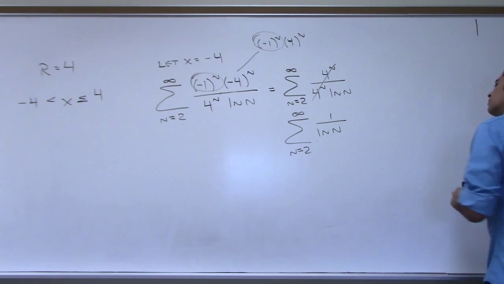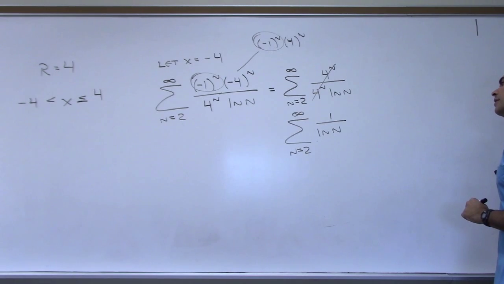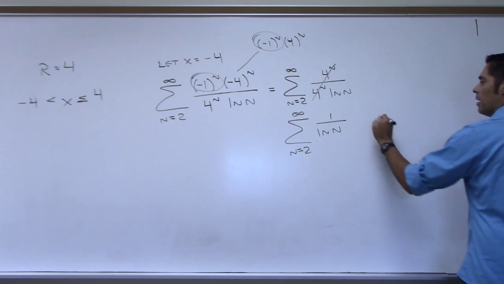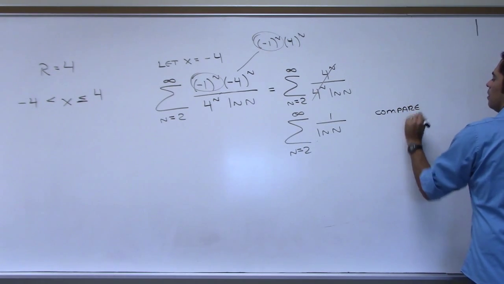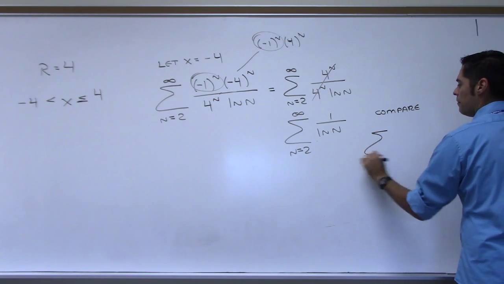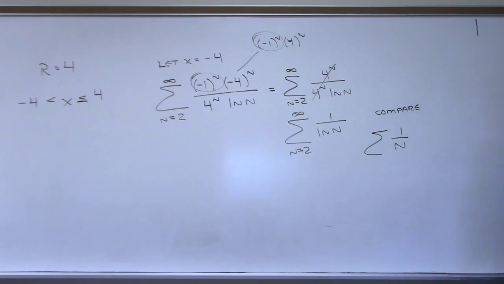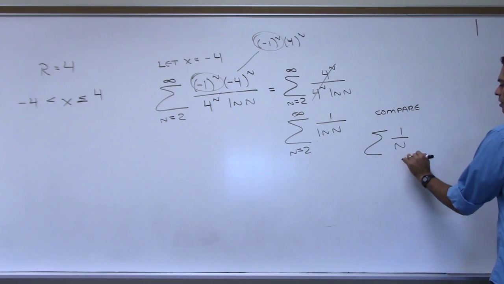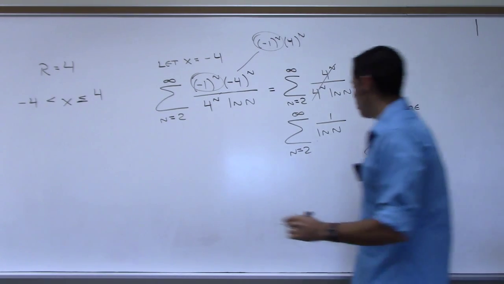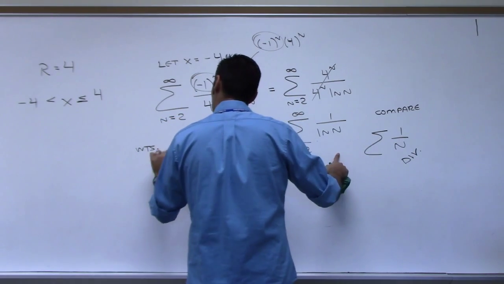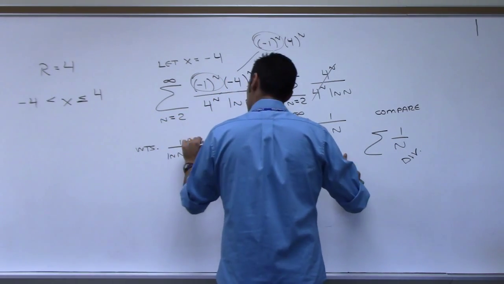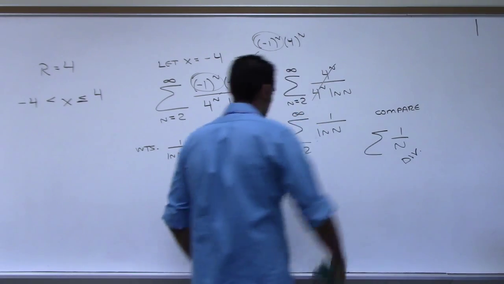A comparison? Or you want to do a ratio comparison? I'll just do a comparison, just a direct one. I'm going to compare it to sum 1 over n, which is harmonic. This diverges. So what I want to show is that 1 over natural log n is bigger than 1 over n.